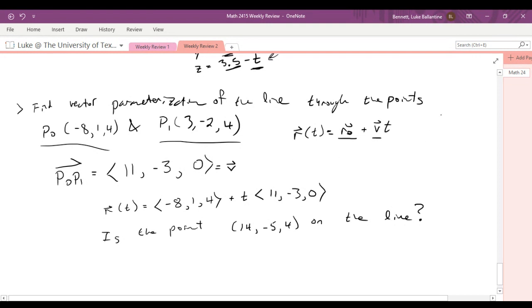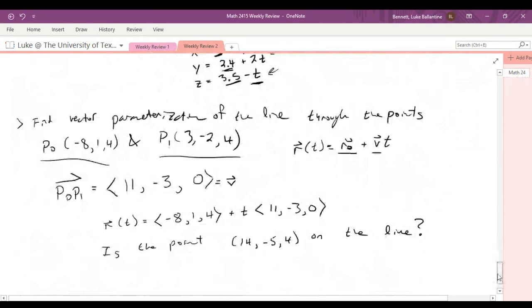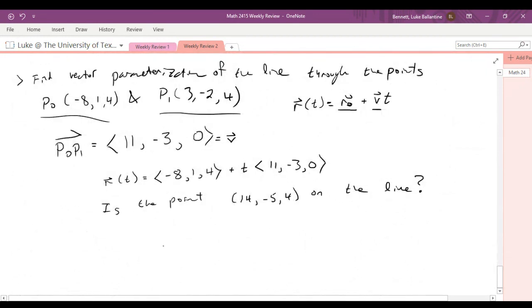The previous problem. Oh, and the parametric? You're talking about the parametric form. This is x equals x naught plus at, y equals y naught plus bt, and z equals z naught plus ct. Yeah, this is called the parametric equation. Yeah, we can do that. I think that's a good idea.